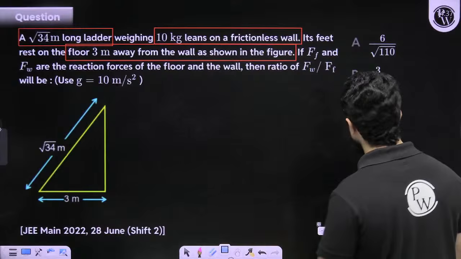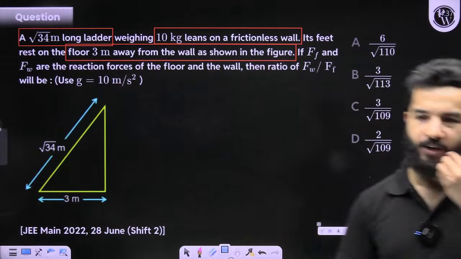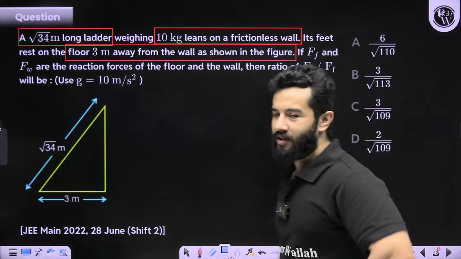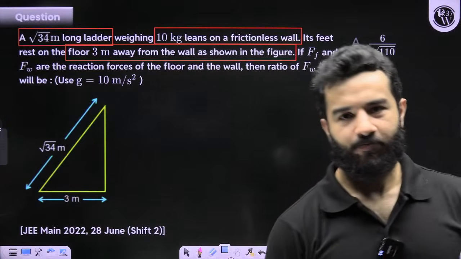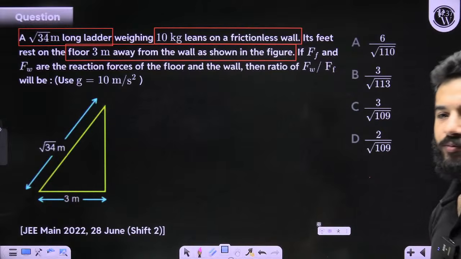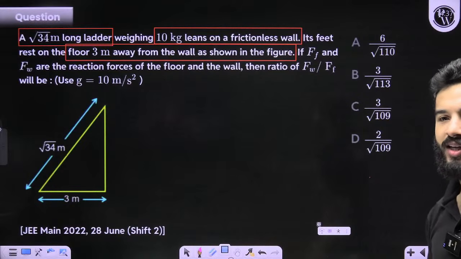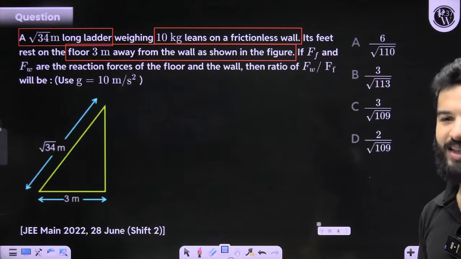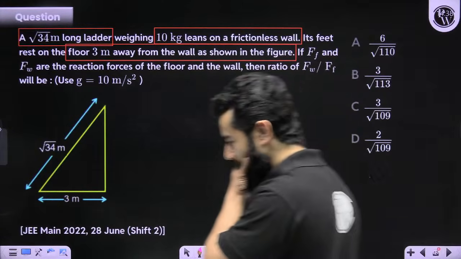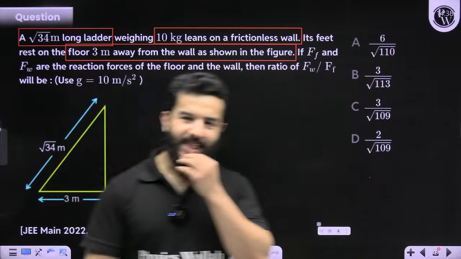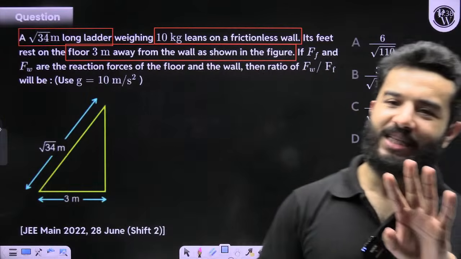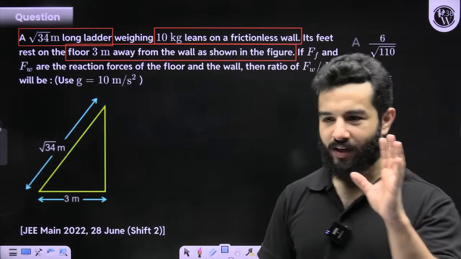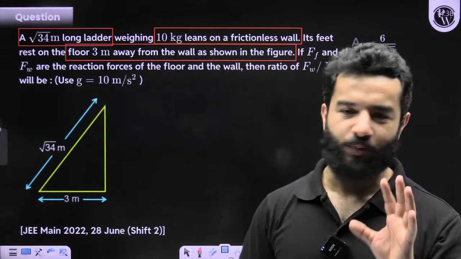Let's start. Be quick. Let's begin, my dear friends. See, let me tell you one thing. If you are giving me answers in 5 seconds, in 10 seconds, then there can be 2 or 3 possibilities.